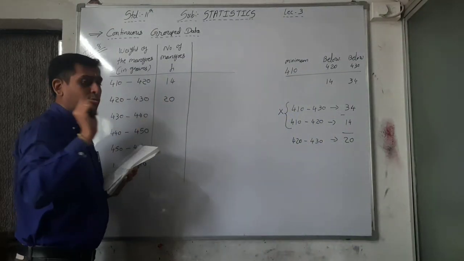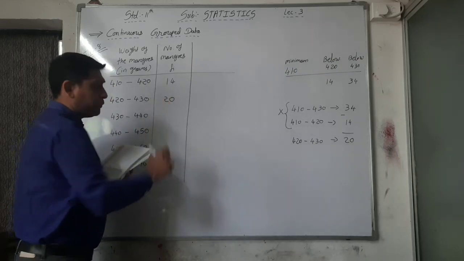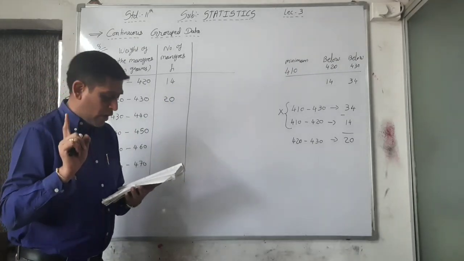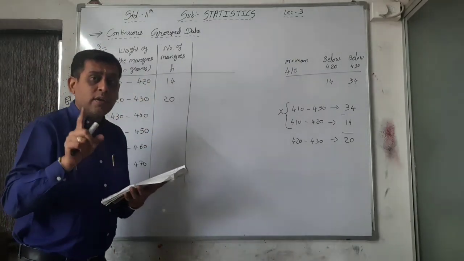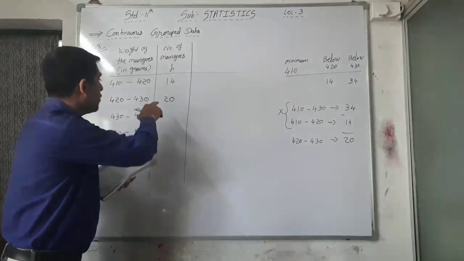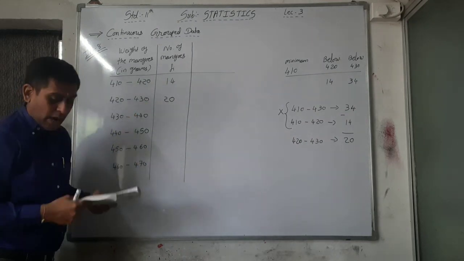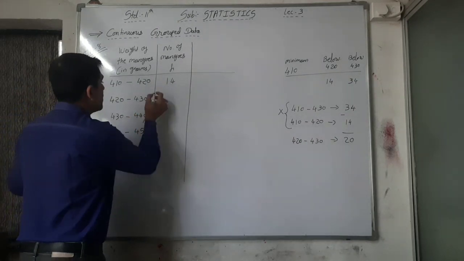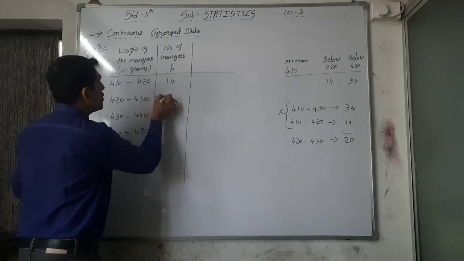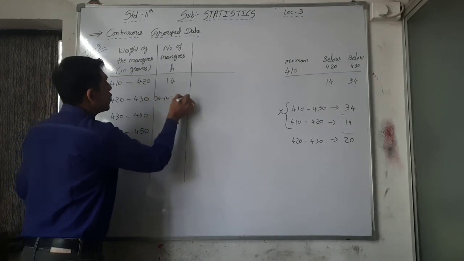First, write the first frequency as it is, that is 14. What is the second one? 34. You subtract the previous one, 34 minus 14, that is 20.